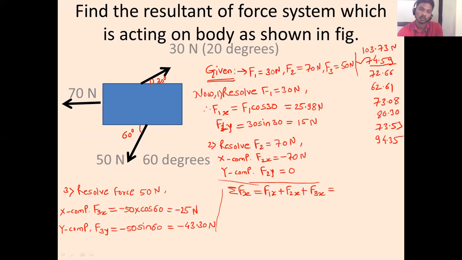How much is it? 25 plus minus 70, minus 25, almost minus 69.02. Okay. Summation Fy.